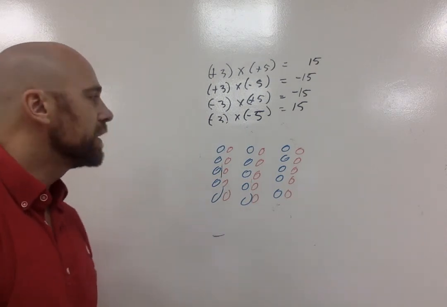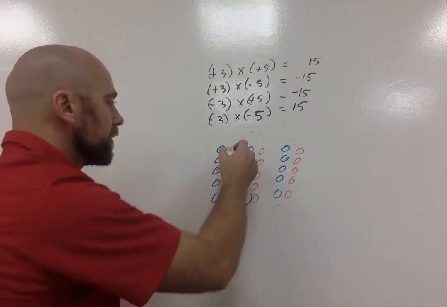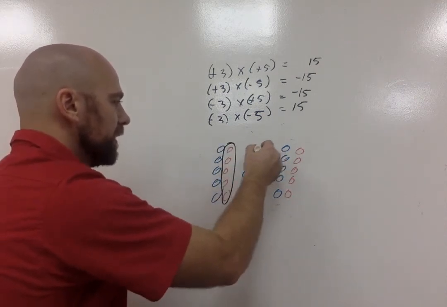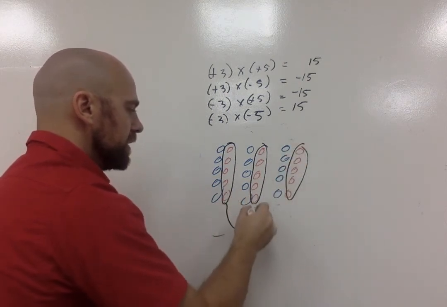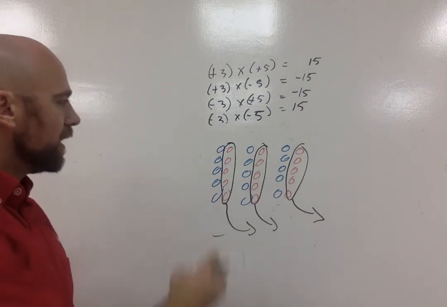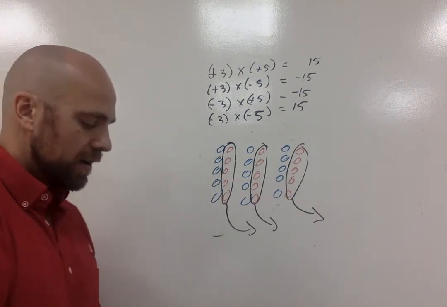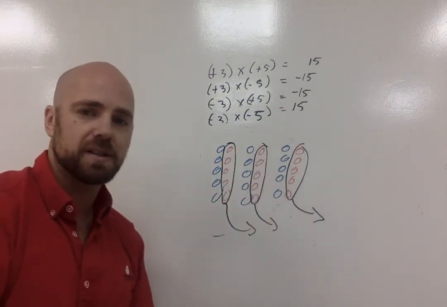So I'm removing 3 groups of negative 5. So there's 1 group of negative 5, another group of negative 5, and 3 groups of negative 5. So these ones are being removed. Okay, what's left? Well, I've got my positive 5, 10, 15. So I'm left with positive 15.